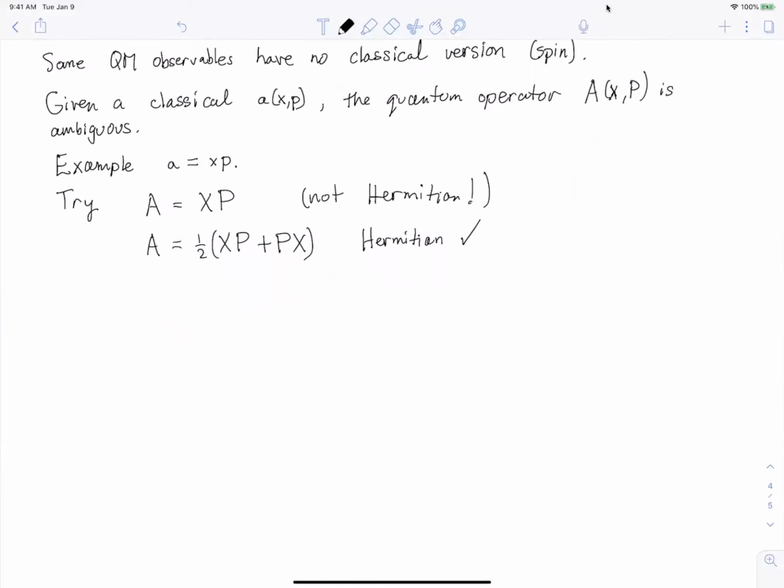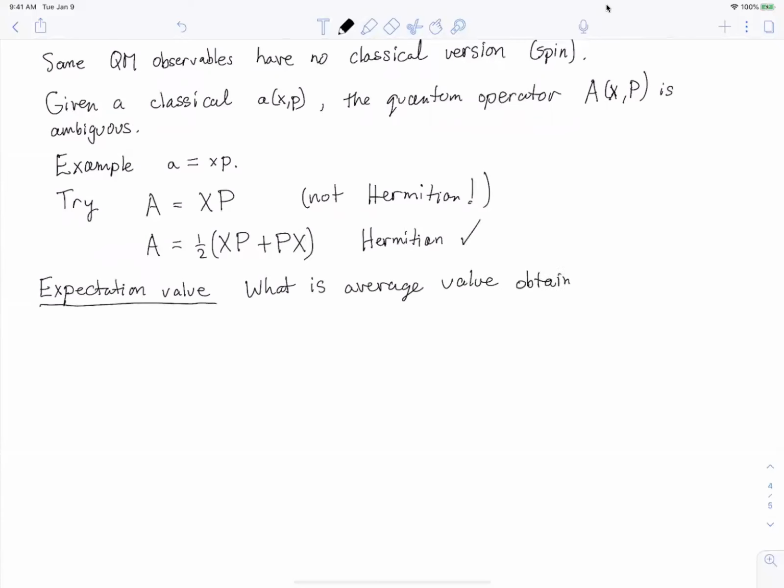All right, so now let's define some other concepts. First, there's the expectation value. Notice this is not anymore one of the postulates. This is stuff we're deriving from the postulates. The expectation value is the answer to the question, what is the average value obtained by measuring A, an observable, in a state psi?